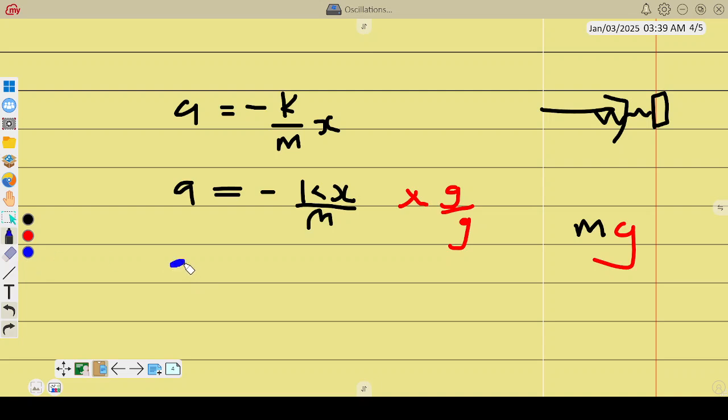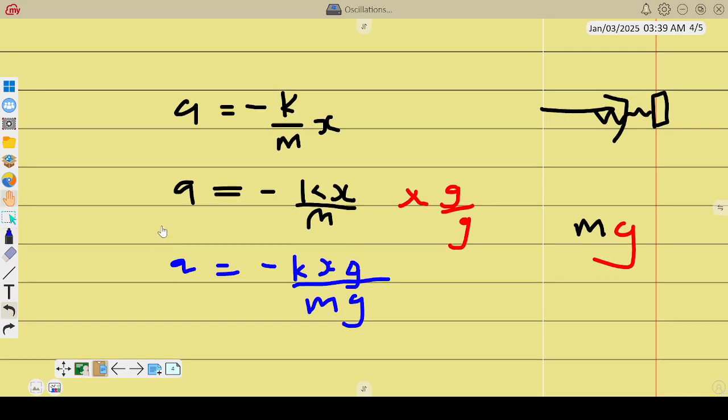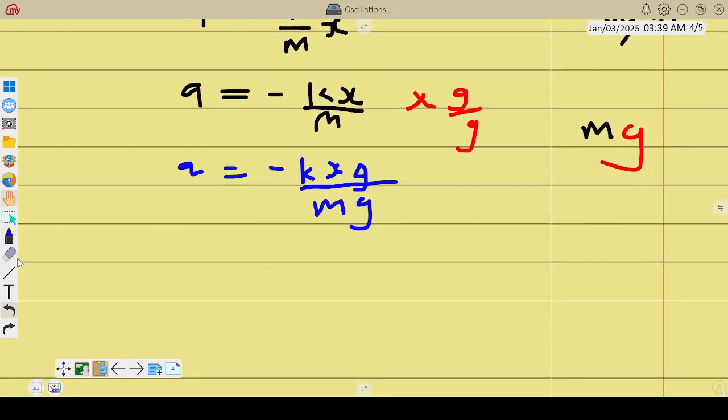So acceleration is equal to negative kx times g over m times g. The g's can cancel, but this time we don't want them to cancel because we want to use it.